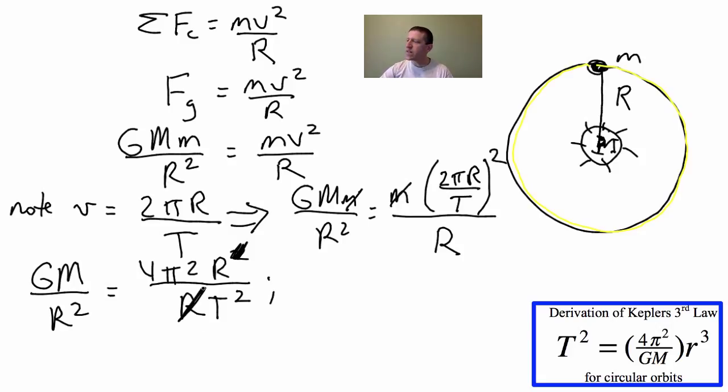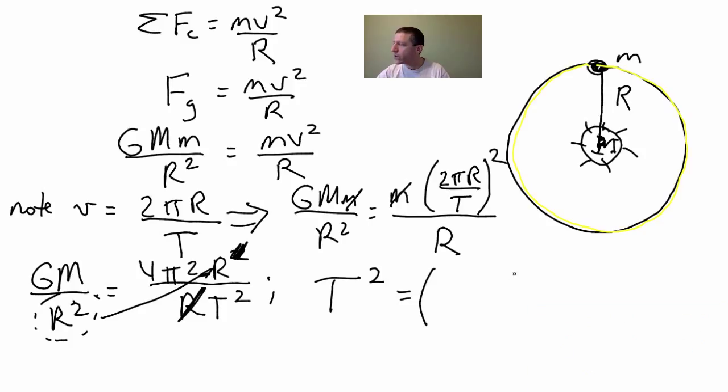I'm going to take this T and put it over there, T squared. And I'm going to take this r squared and put it over there. So that gives us something times r cubed. We're almost there. And what is the factor when I do all the math? You get 4 pi squared on the top, over big G and the mass of the sun.